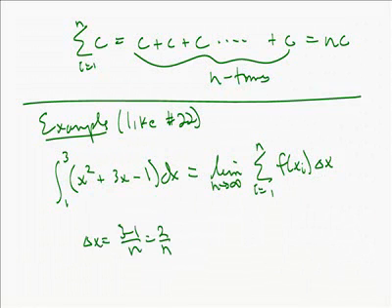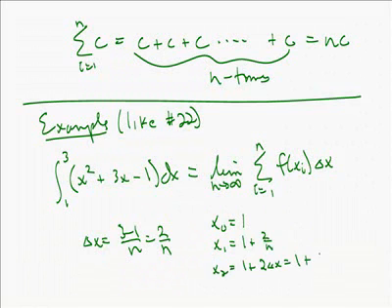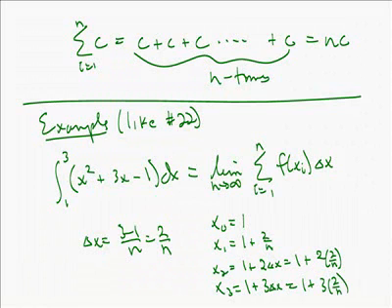Now, what about our x's? Well, x sub 0 is 1. Remember, that's always our starting point, a. x sub 1, what's that going to be? Well, it's going to be 1 plus a delta x. What's delta x? It's 2 over n. x sub 2 is going to be 1 plus 2 delta x's, so 1 plus 2 times 2 over n. x sub 3 is going to be 1 plus 3 delta x's, that's 1 plus 3 times 2 over n, and so on.